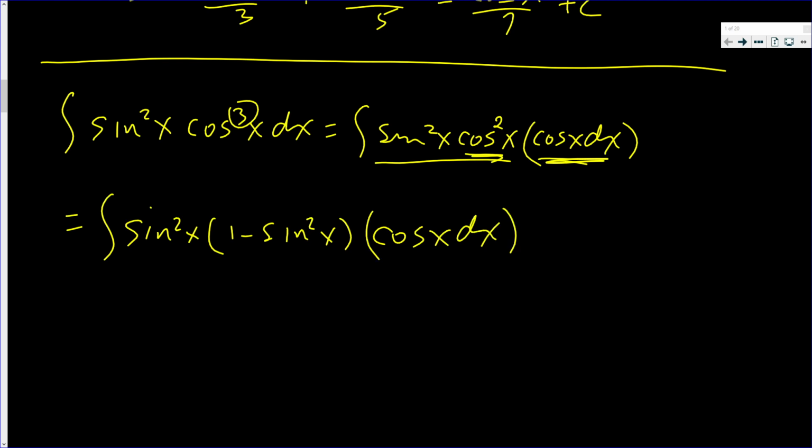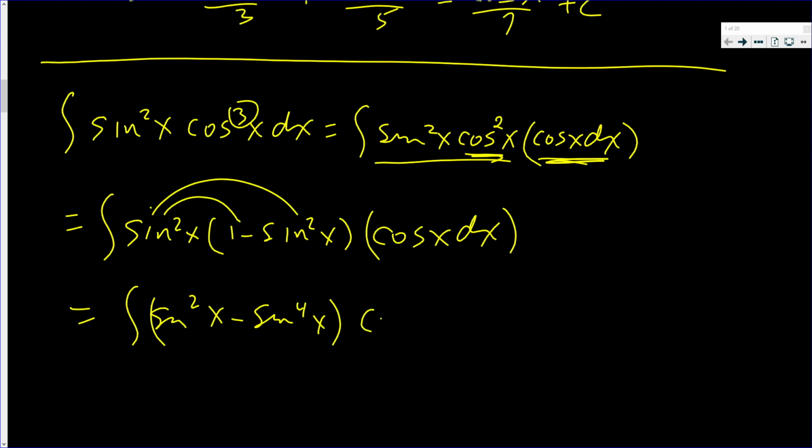Don't mess with that du. Distributing, I get sine squared x minus sine to the 4th x times cosine x dx.